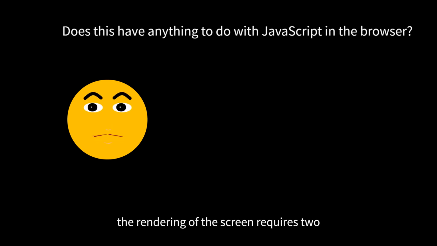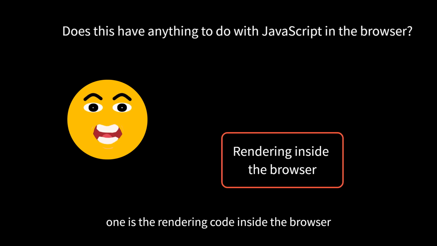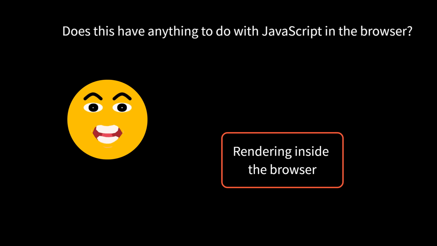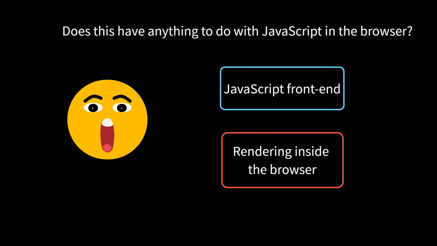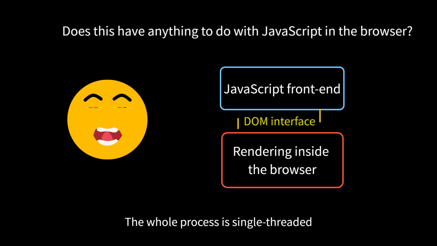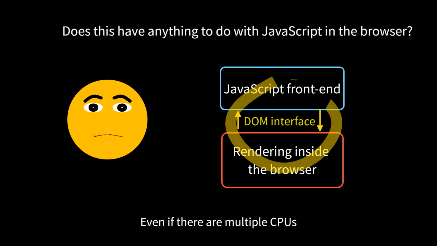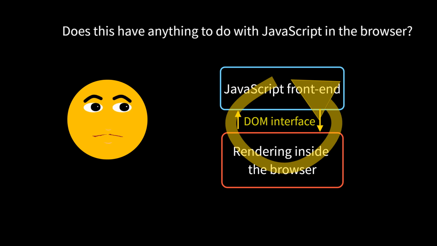In the browser, the rendering of the screen requires two parts. One is the rendering code inside the browser written in C++, and the other is the JavaScript front-end code, which communicates by calling the DOM interface. The whole process is single-threaded. Even if there are multiple CPUs, parallel computing cannot be achieved at the JS front-end level.